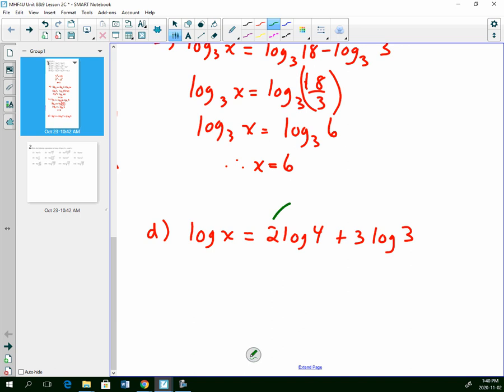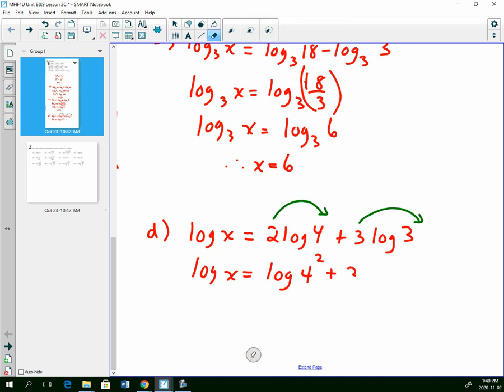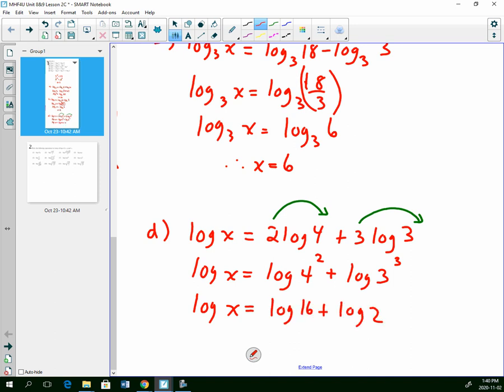So these numbers at the front need to go back up as a power. So we're going to put the 2 back up, so it's 4 squared. And then we're going to put the 3 back up, so that it's 3 to the power 3. So remember, it's to the power, not multiplication. So that's 16 and 27.